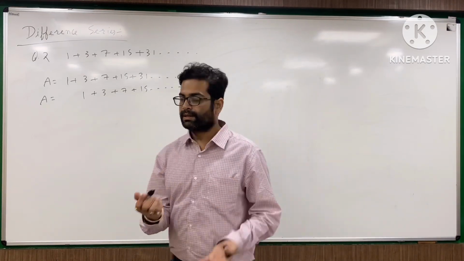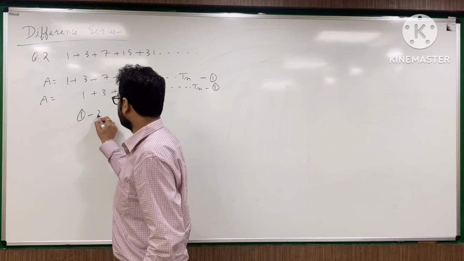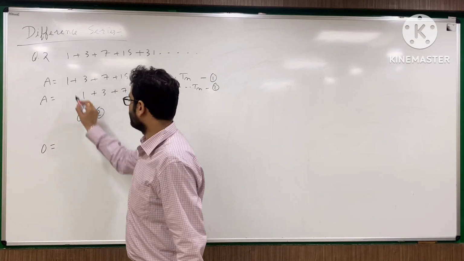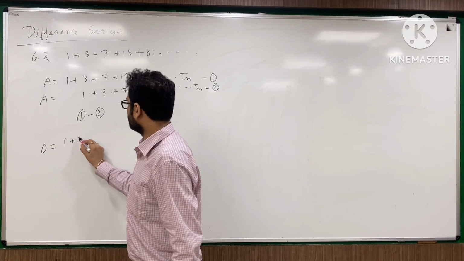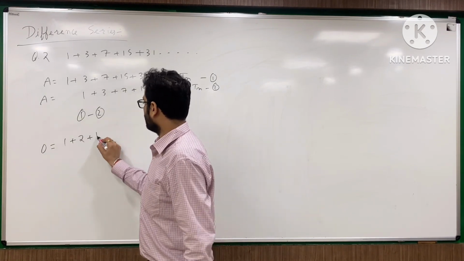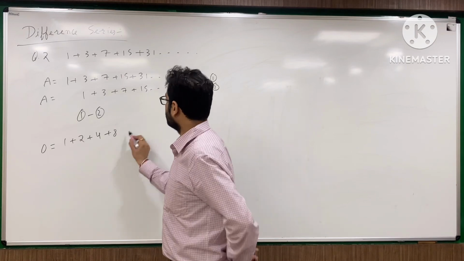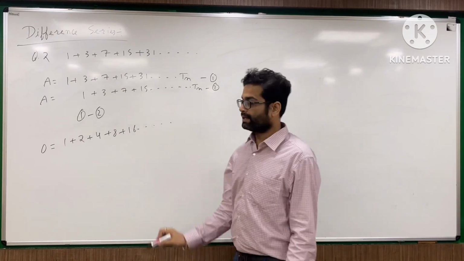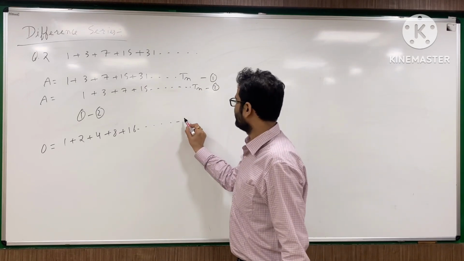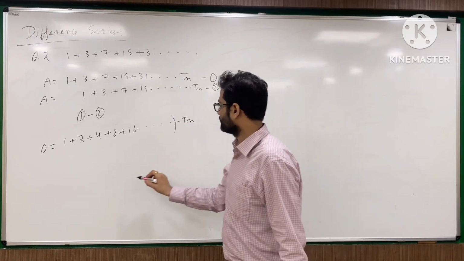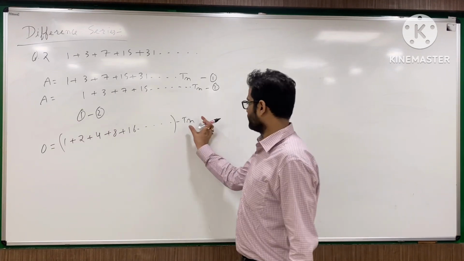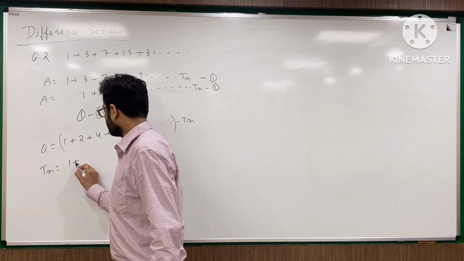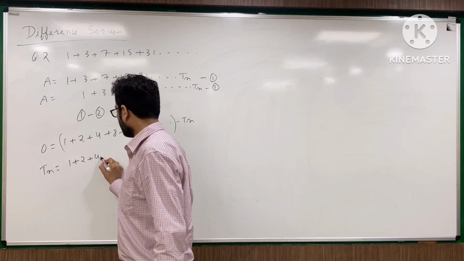Then we subtract equation 1 minus equation 2. So we get 0 equal to 1 plus 2 plus 4 plus 8 plus 16 and at the end there is no term, so we get minus Tn here. And Tn comes there. We find Tn equal to 1 plus 2 plus 4 plus 8.